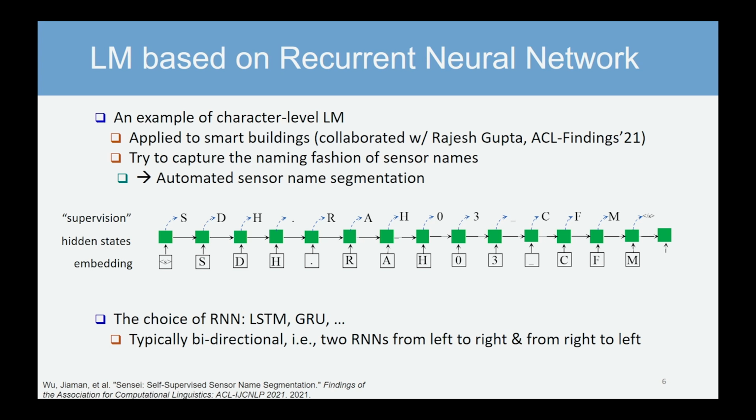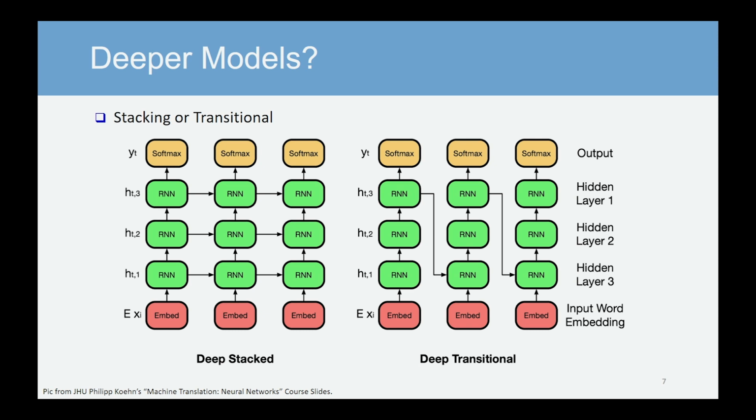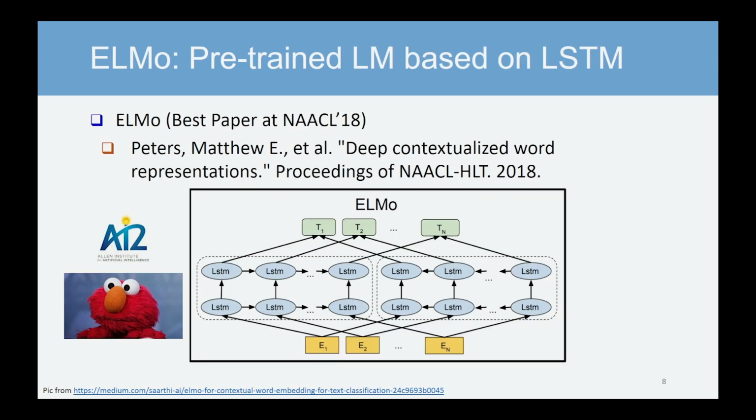When we scale it to human language, we definitely need more complicated models. There are different ways to scale up the recurrent neural network. You can follow a stacked way or a translational manner. Stacking is more popular, and the very first pre-trained neural network language model is called Elmo.